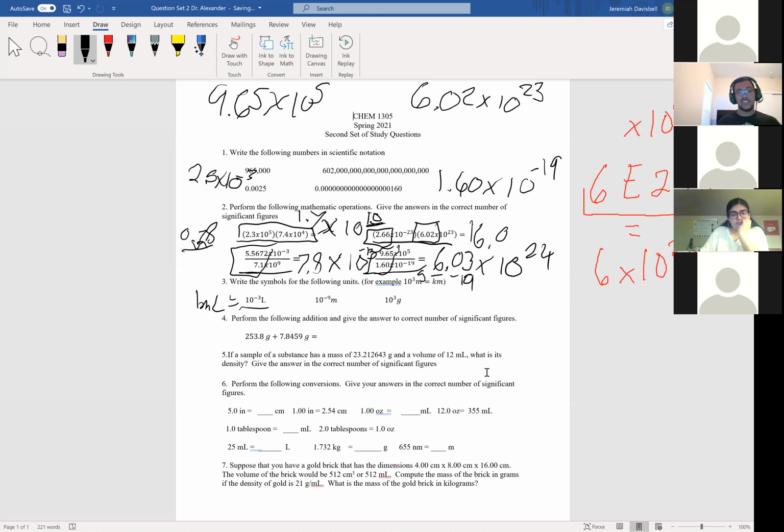And then 10 to the negative 9th meters? Nanometer, perfect. And then 10 to the third amount of grams? Kilograms, perfect.